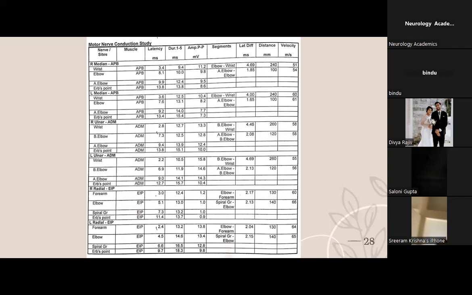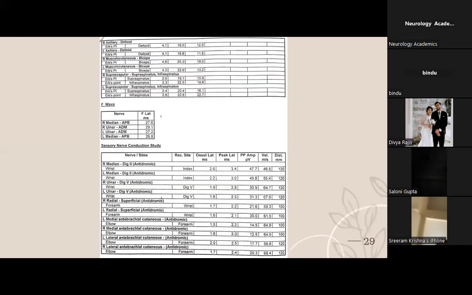The right radial has reduced amplitude with normal latency and velocity without conduction block, and left radial is normal. So there is only right radial amplitude reduction. And right axillary, musculocutaneous, and suprascapular nerves are normal with normal F waves.